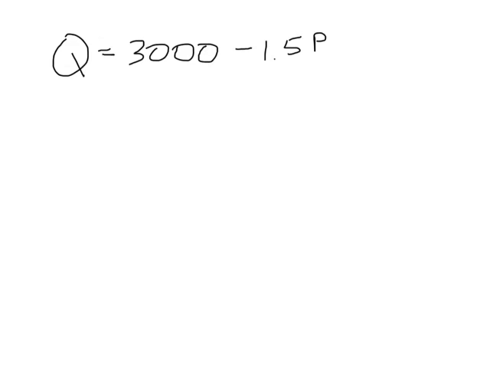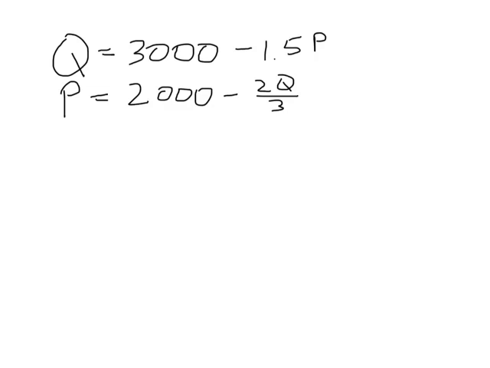I'm just going to proceed as though there's one combined market that it makes sense to sell to. The inverse demand for that combined market, remember, has P as the dependent variable. I'm just going to multiply through by 2/3. So P is equal to 2,000 minus 2Q over 3.